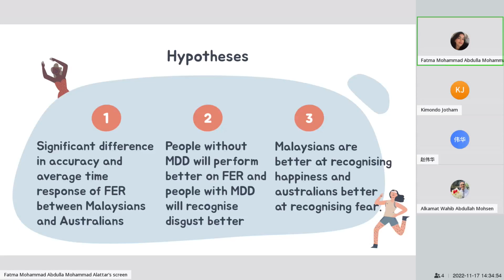In addition, it is hypothesized that participants without MDD will perform better on FER, and that participants with MDD will be able to recognize disgust better than the other participants. And lastly, Malaysian participants would be better at recognizing faces expressing happiness, whereas Australian participants would recognize faces expressing fear better than positive emotions.